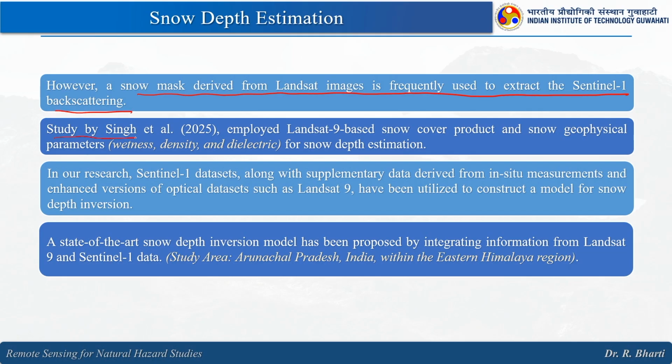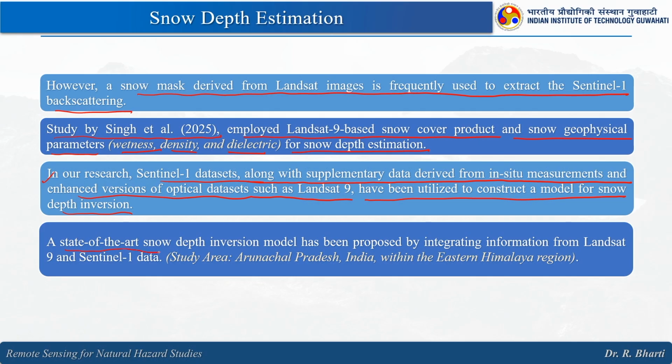A study by Singh et al., 2025 employed a Landsat 9 based snow cover product and snow geophysical parameters, which are wetness, density and dielectric constant for snow depth estimation. In our research, Sentinel-1 data along with supplementary data derived from in situ measurement and an enhanced version of optical datasets such as Landsat 9 have been utilized to construct a model for snow depth inversion.